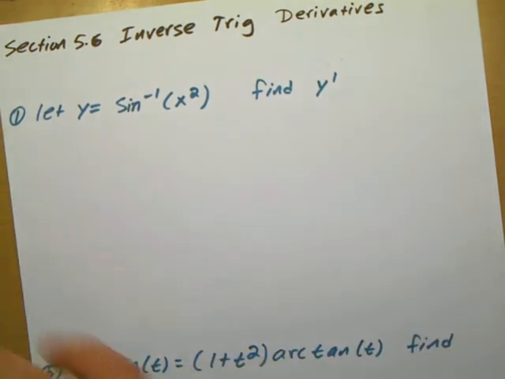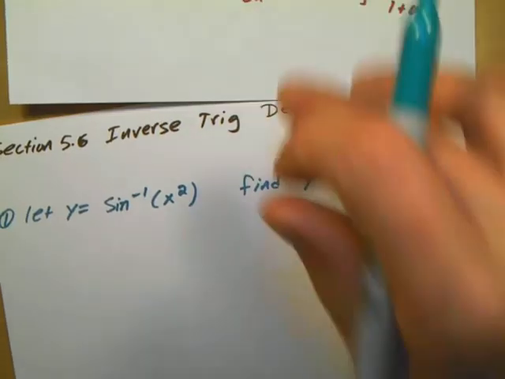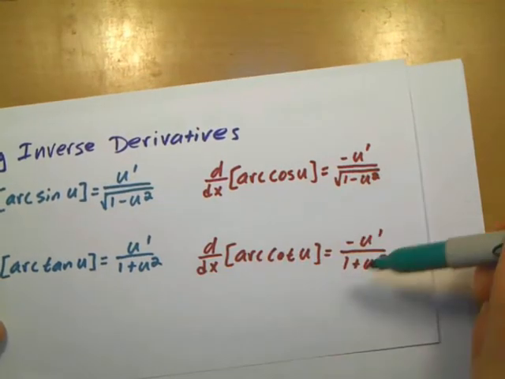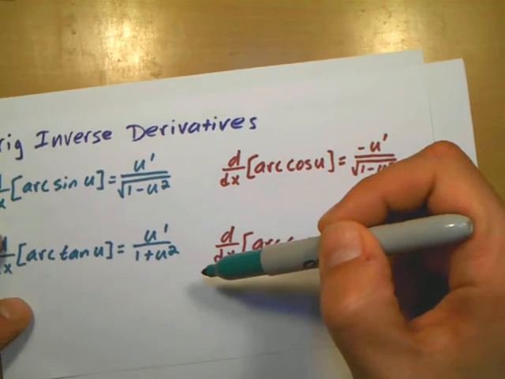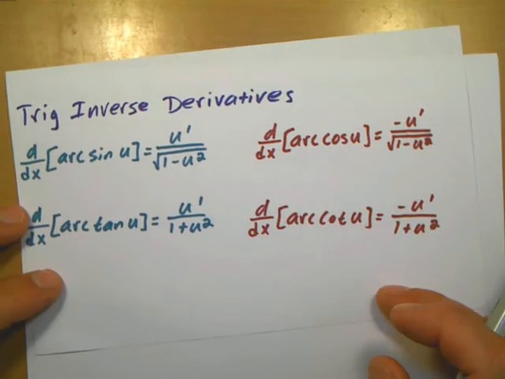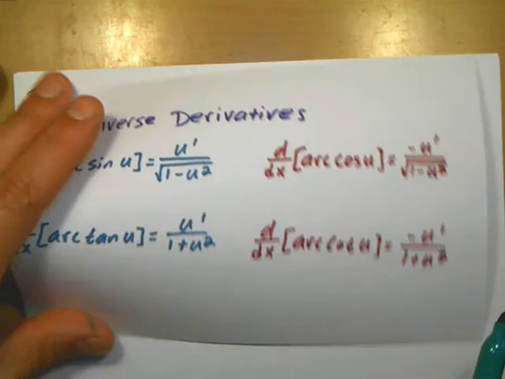So I'm just going to apply the formula. Now all these are written with the chain rule kind of already in mind, the chain rule being the u prime. So this formula, I would say, has the chain rule already incorporated into it.